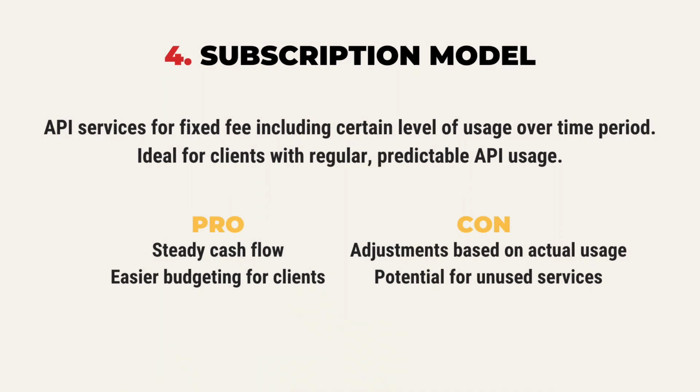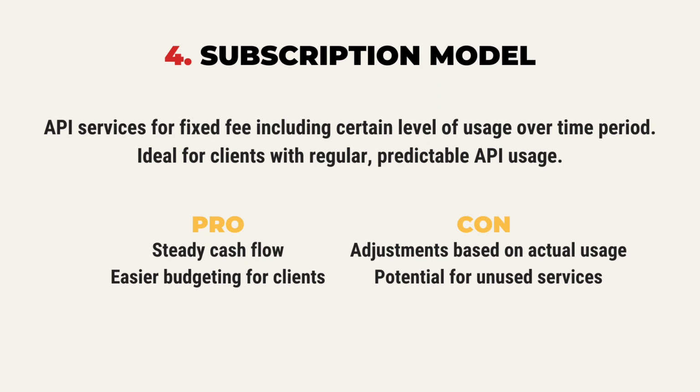Now, the fourth way you can charge your clients for the usage of APIs is to have a subscription model. This is actually one of my personal favorites because you are offering API services for a fixed fee that includes a certain level of usage over a period of time, monthly, annually, whatever. That's ideal for clients with regular, predictable API usage.